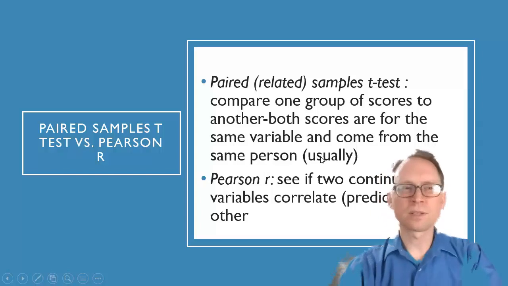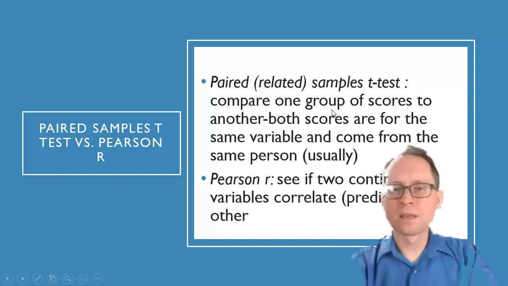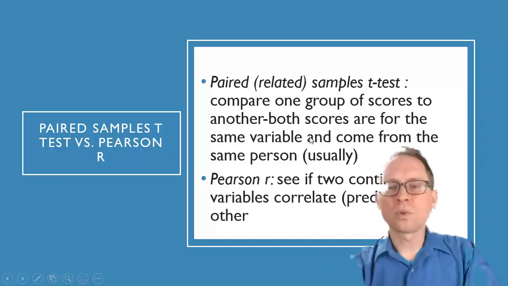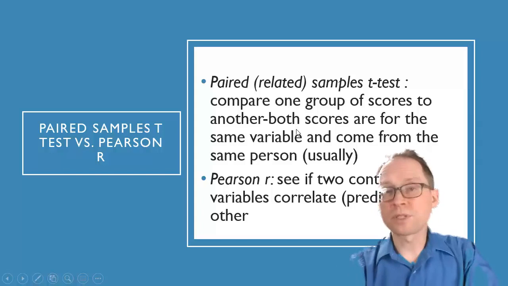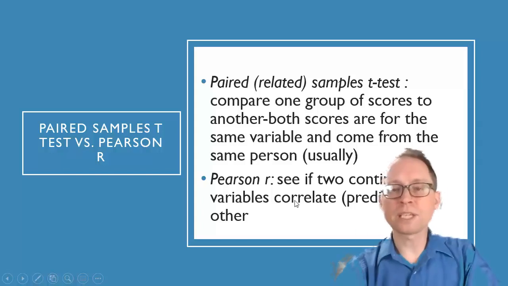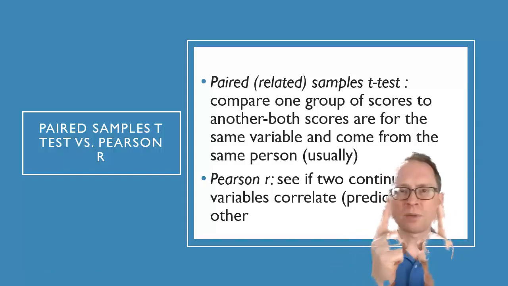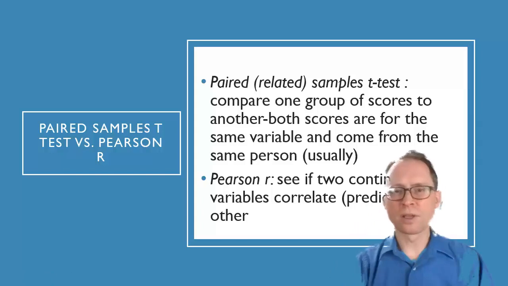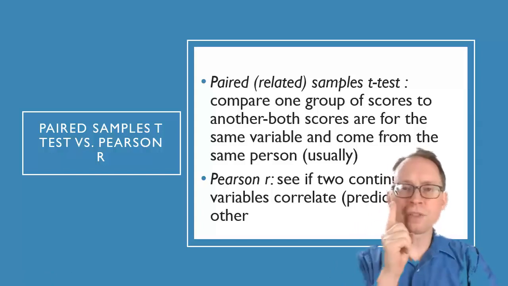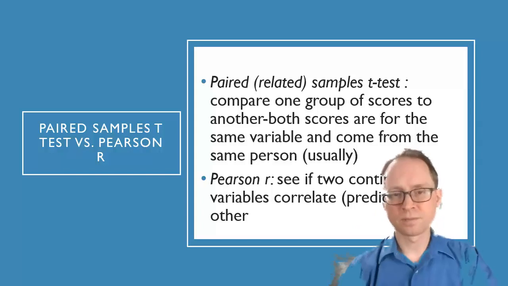Technically there are sometimes instances where that doesn't happen, but it's not very common. For our class, you should just assume that they're coming from the same person. With Pearson R, you want to see if two continuous variables correlate or predict each other. So IQ is one variable, money is the other variable, to see whether they predict each other. In a paired samples t-test, you're looking at the same variable at two times, in the same person.